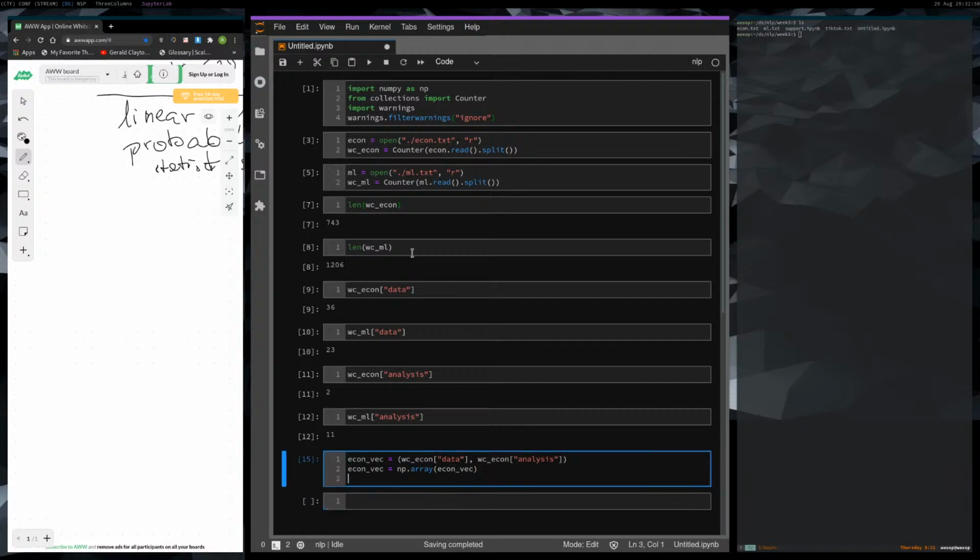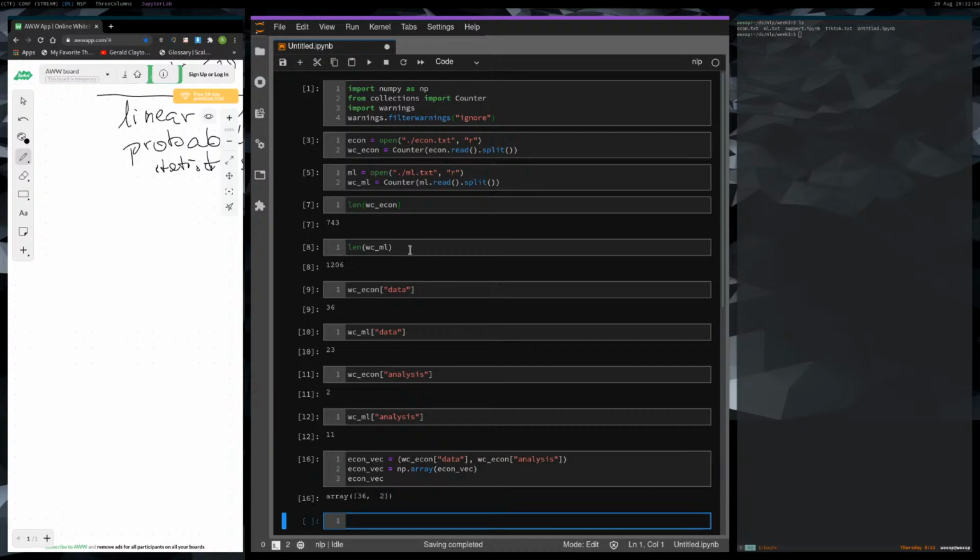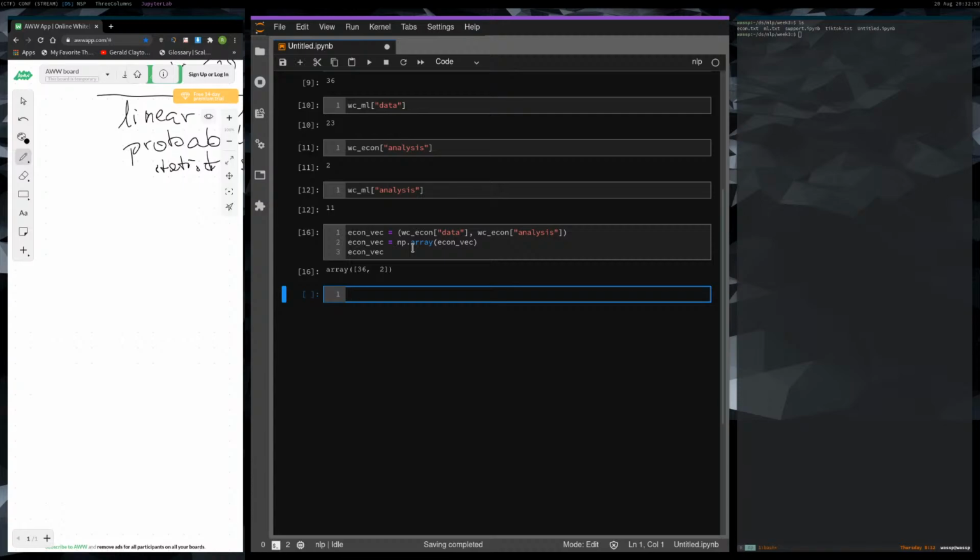Okay, and now it's an array, which is what we want. We're going to do the same thing here, and simply replace econ vec with ml vec. I should have switched that earlier.